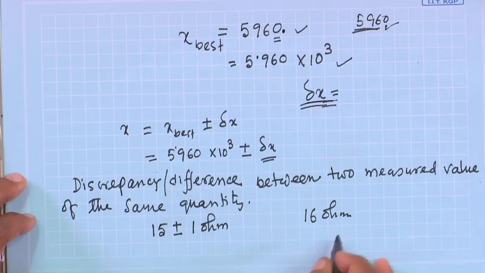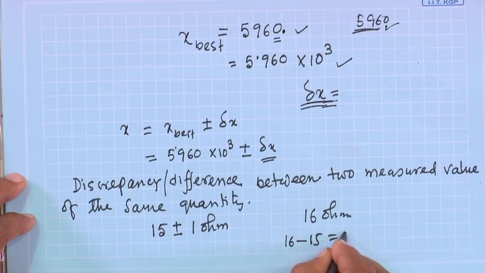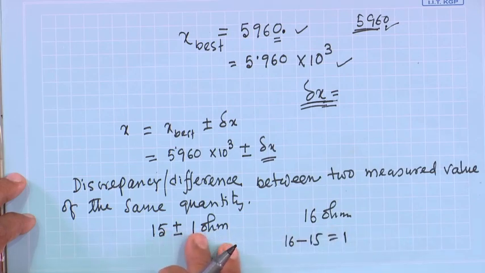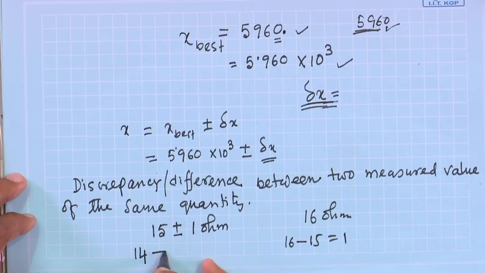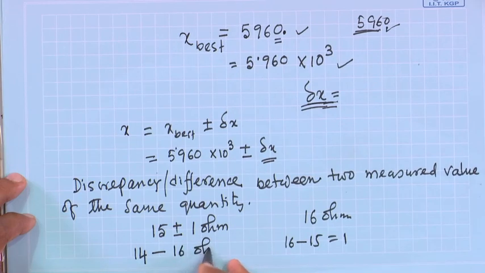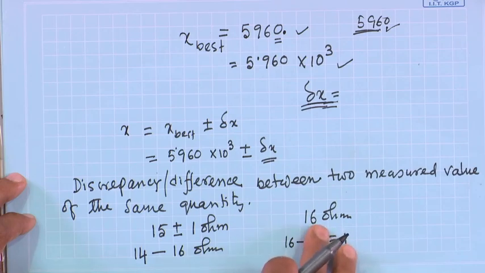Then the discrepancy or difference between these two, 16 minus 15, is 1, and it is within the range of your error. You are reporting that the resistance of this resistor is between 14 and 16 ohm, and the true value is 16 ohm.